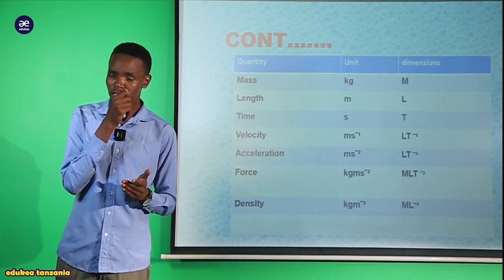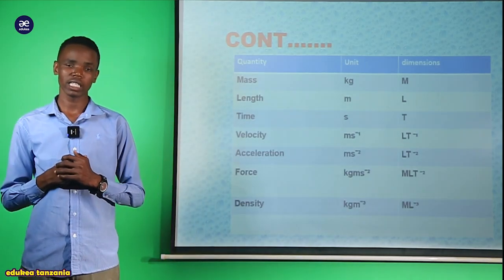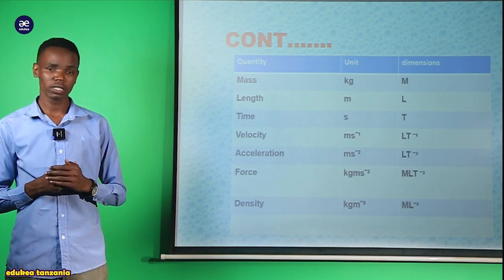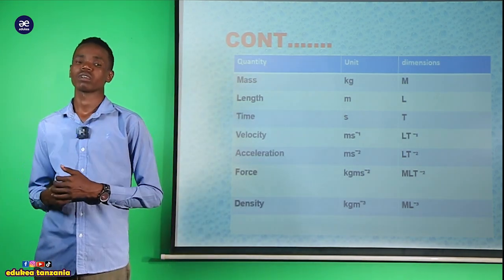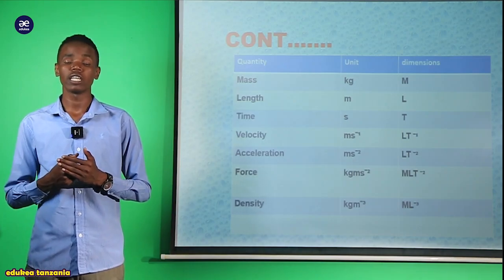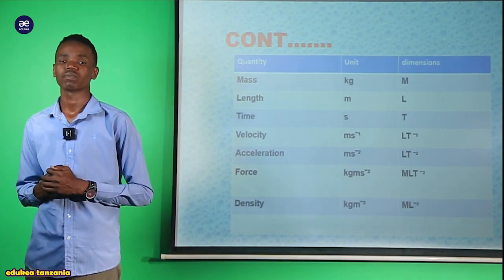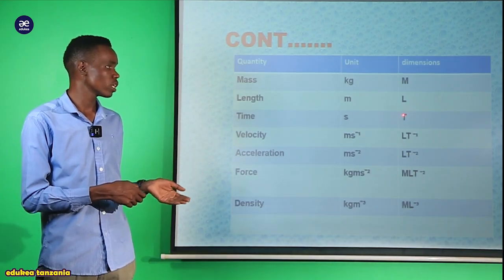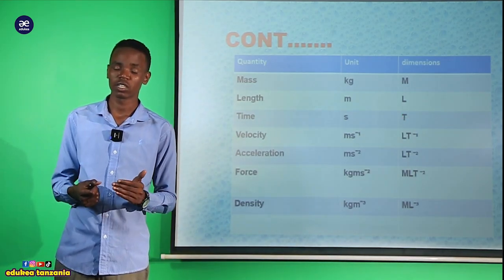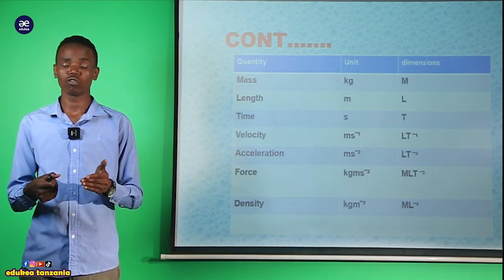The unit of the time is second, my dear student. It is not the problem, but the problem can occur on the dimensions. How can we get the dimension of the physical quantities? So the dimension of time, my dear student, will be T. Itakuwa ni T, though itasimama kama dimension of the time.